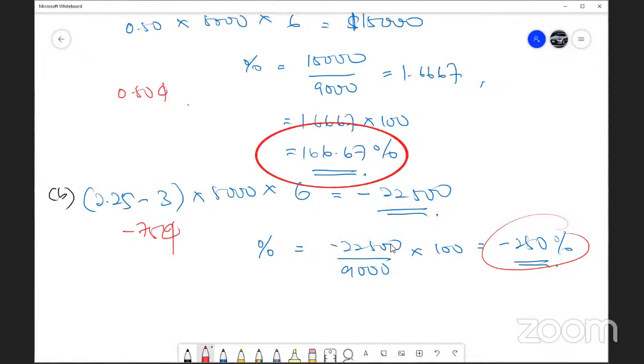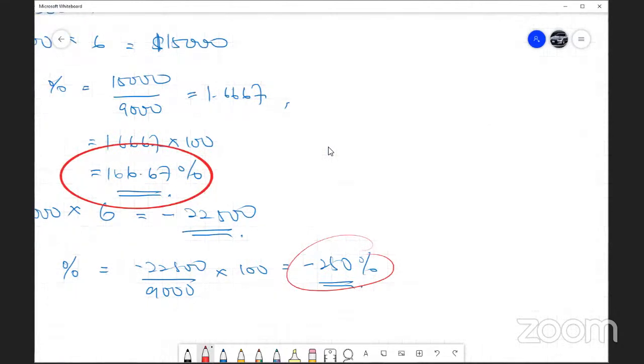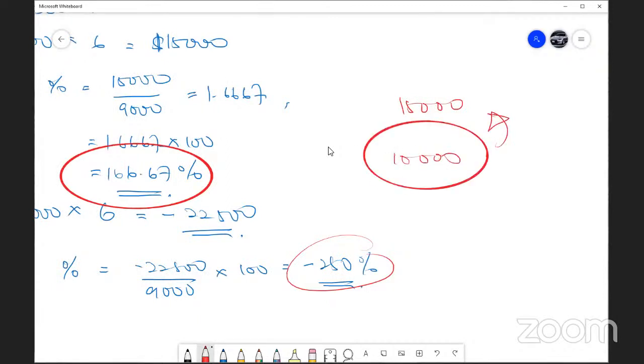Very simple. If the contract size is actually $15,000, and you want to invest, you only have $10,000. You can't even buy one contract. Am I right? But because the initial margin is 10% of this, each contract you only need $1,500.